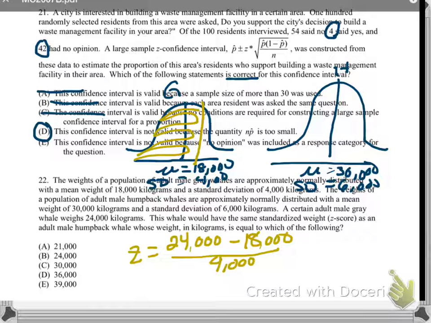Okay, so 24 minus 18 is 6. So I get 6,000 divided by 4,000, the thousands cross out, and so I get 6 over 4. And so what is that? I should know this. This is embarrassing. 6 divided by 4 is 1.5. So that's my z-score here.